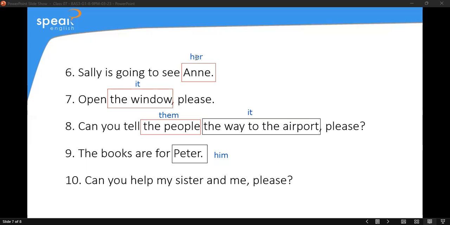And the last one, can you read the last question, please? Let me see. Danny? Can you help my sister and me, please? Okay, very good. Now, what is the object here?